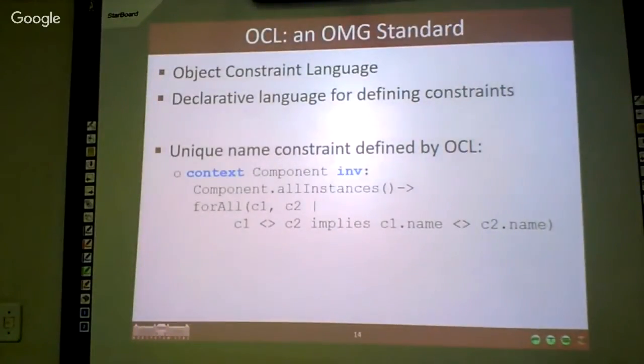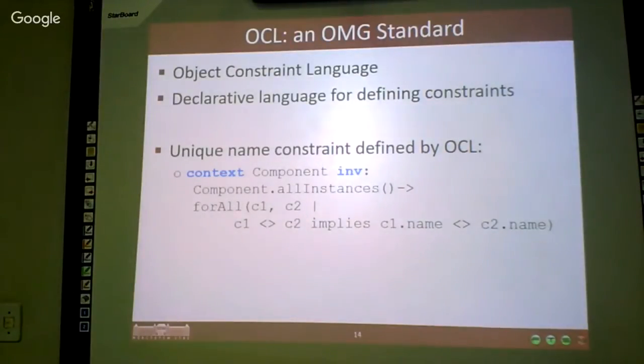So if you use a formal language to describe your constraints, such as OCL, the Object Constraint Language, then you can get this early validation of your models. Here you can see a simple example of an OCL constraint that will enforce that the names of the components are unique.